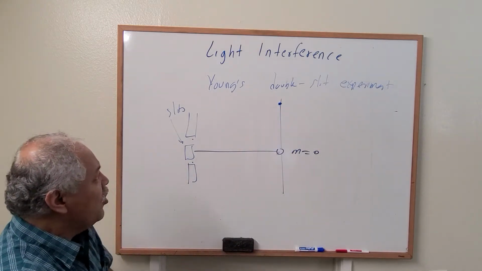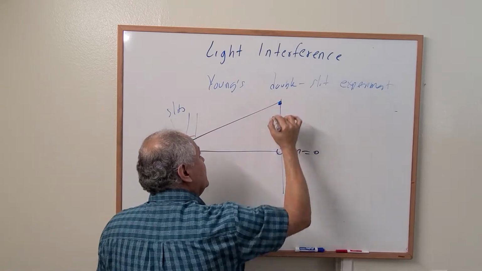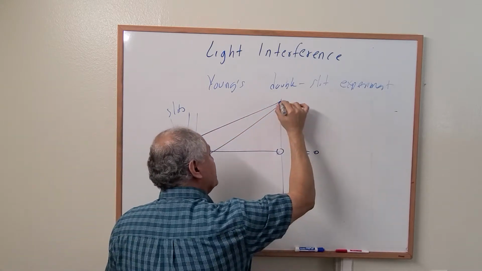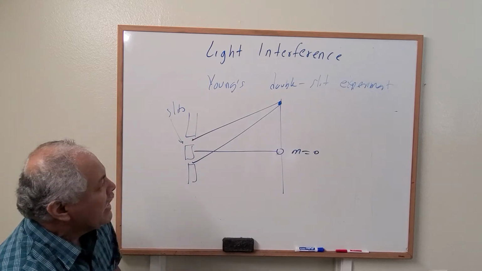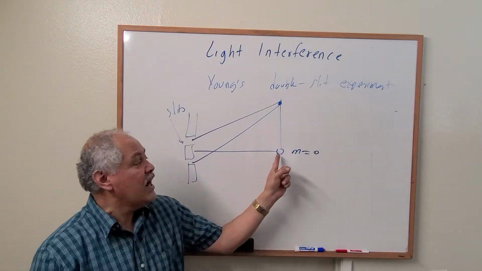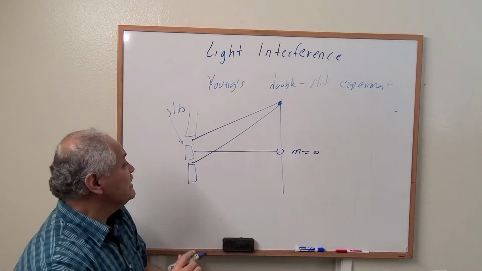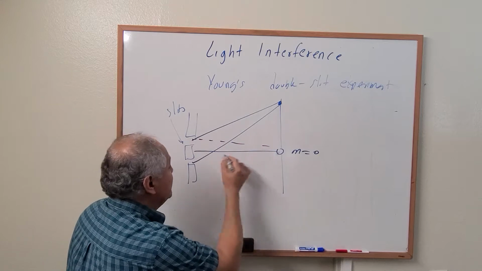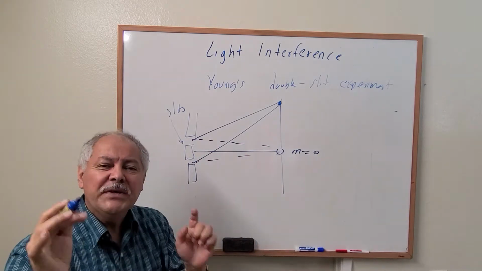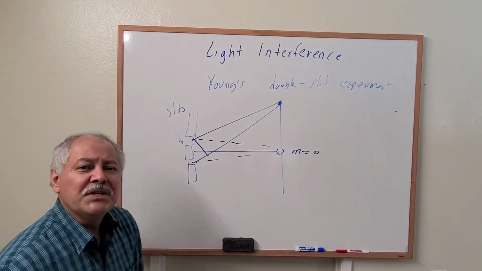At that point, let's see what happens. We have a ray coming from this source and another ray coming from that source. Now let's see what the condition should be to have constructive interference, the same as we have right here at the center. What is the condition at the center? The distance from the sources is the same. Now let's create the same condition right here. From here to here, we make an isosceles triangle.